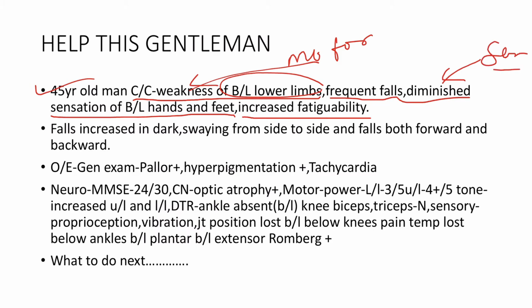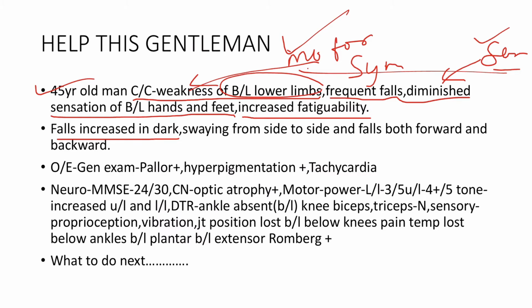How this is important, I'll be talking about, because this is actually a symmetric motor and sensory neuropathy. So it is a symmetric motor sensory weakness, okay? And the falls are increased in the dark, which suggests that his proprioceptive sensations are not there.